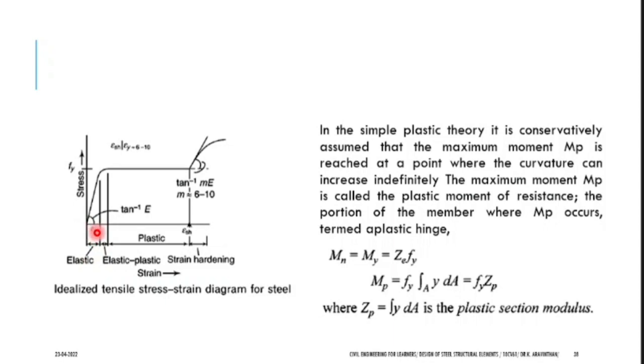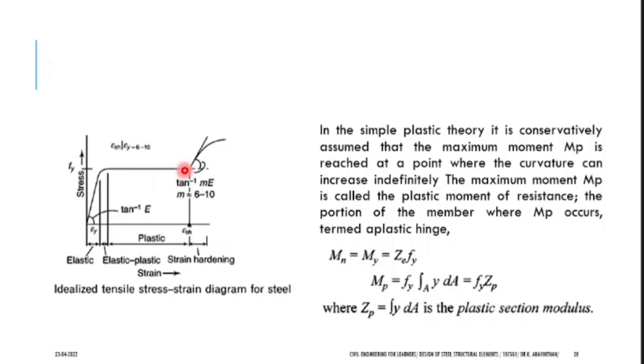So the strain will be very much less, and when you keep on increasing your stress and your load, the material gains the next level known as the elastoplastic range, and if you keep on further adding some load, what happens? It goes to strain hardening.